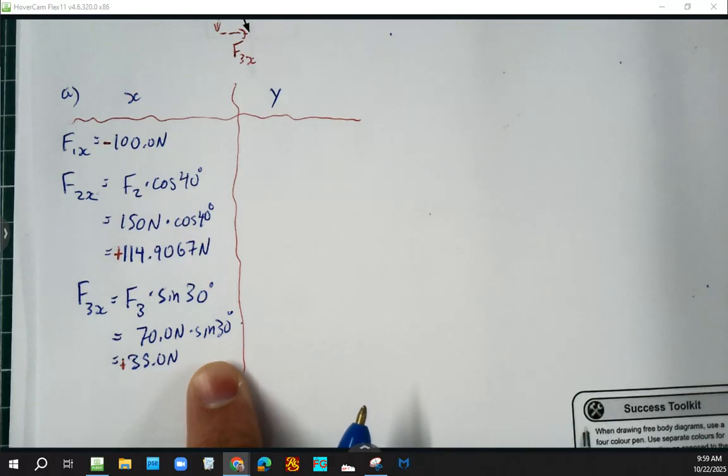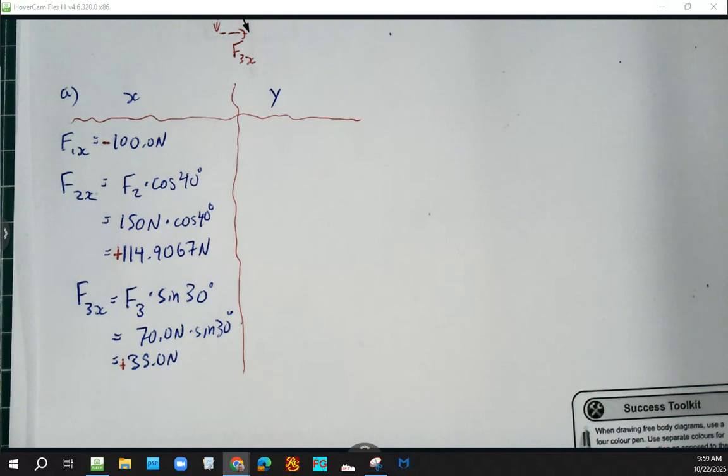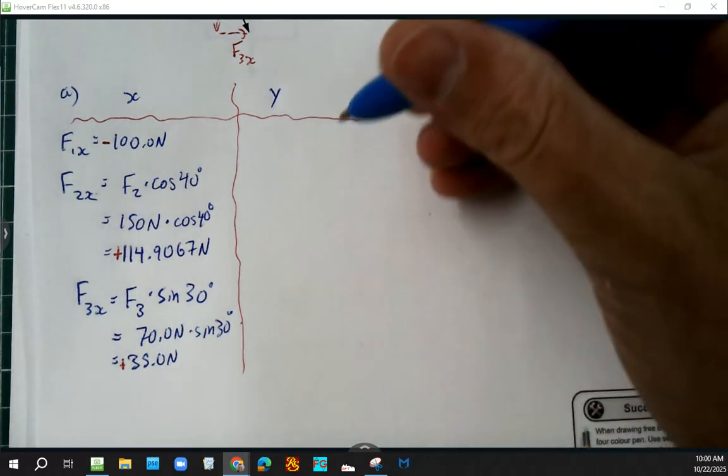What I've noticed is that the people that are organized tend to do better. And I won't say that they do better because they're organized, but I would be willing to bet that because they're organized, they're able to think more clearly through a problem. It's not totally causational, but I would bet that being organized and having a clear layout on your page helps you not to get lost. Okay, so I'm throwing it out there. Try to do these problems in an organized manner.